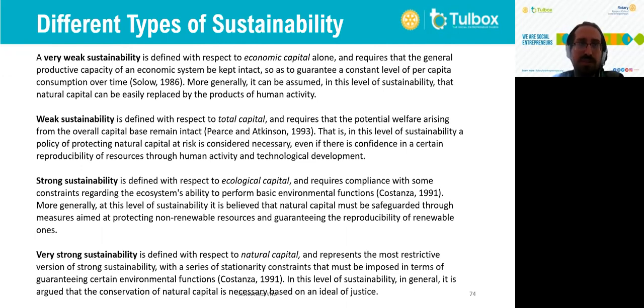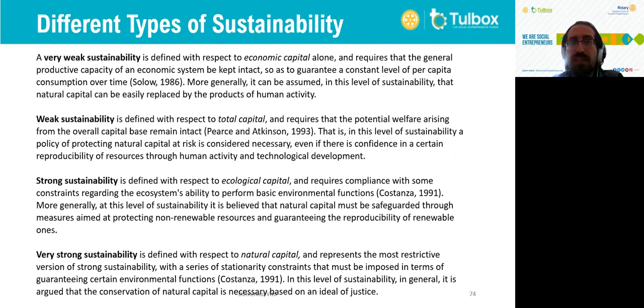For example, we can consider weak sustainability if it is defined only with respect to the economical capital. So a weakly sustainable process is one that stands just from the economical side, but not considering, for example, the ecological and social side.